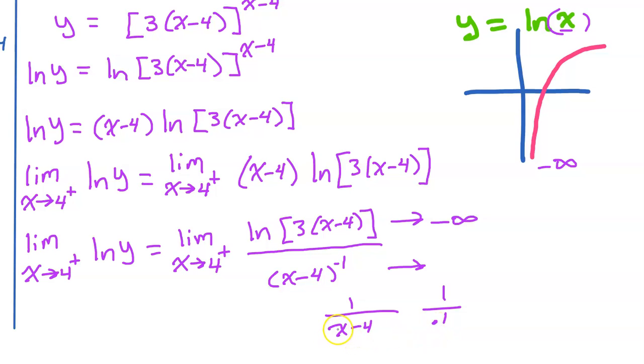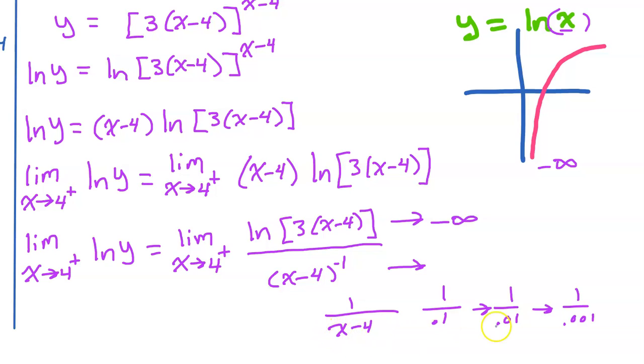Let's get a little closer. Let's say this is 4.01. You subtract 4, and then you've got 1 over 0.01. Let's say this was 4.001. Subtract 4, and you've got 1 over 0.001. So this would continue as we get closer and closer to 4.